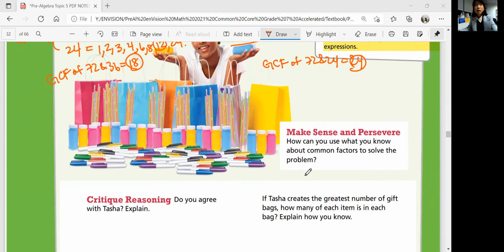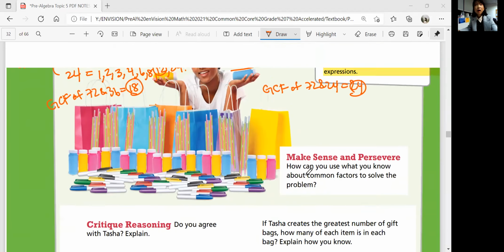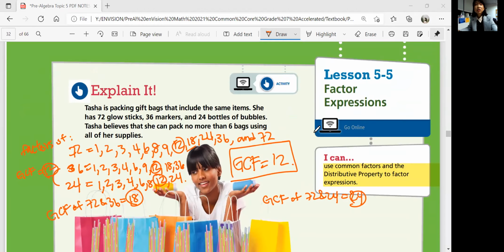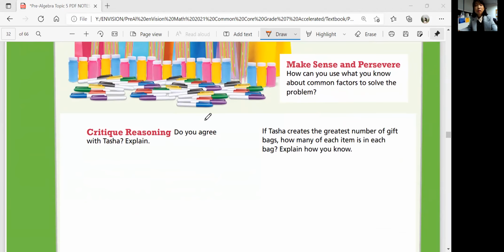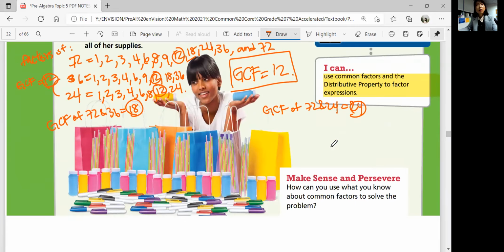So you can say that, no, actually, she can maybe make more bags than that. She can make 12 bags with all of her supplies. Right? So you can say, no, their greatest common factor is 12.